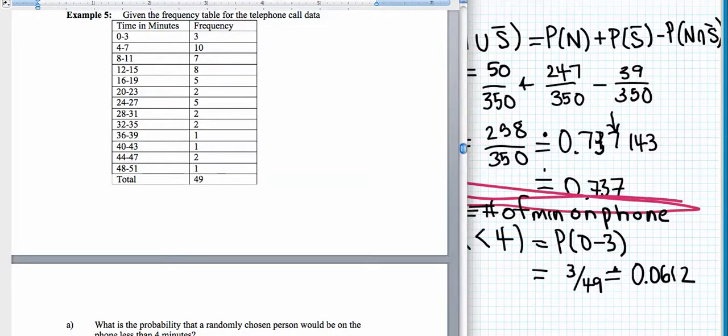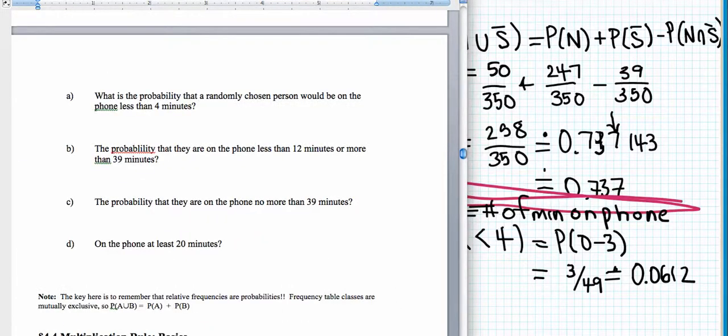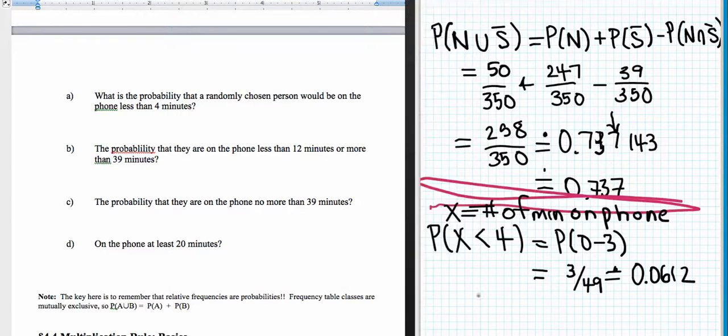Now let's go down to the next one, and the next one says the probability that they're on the phone less than 12 minutes or more than 39. So x is less than 12 minutes, or x is no more than 39. So no more than 39 is less than or equal to 39.